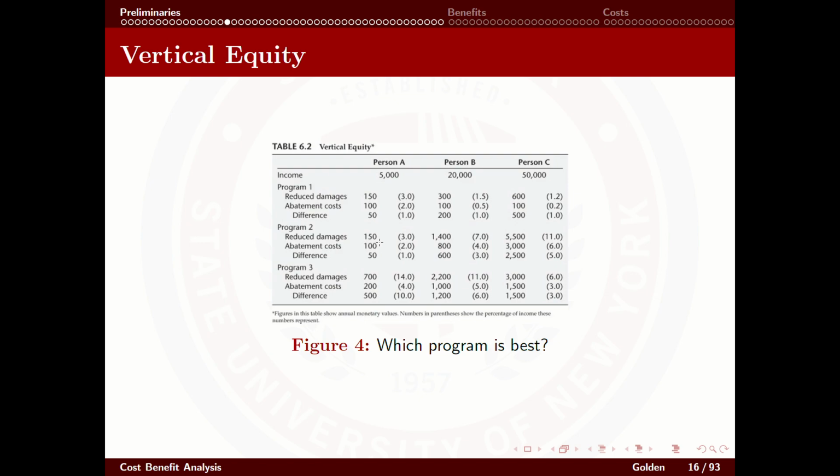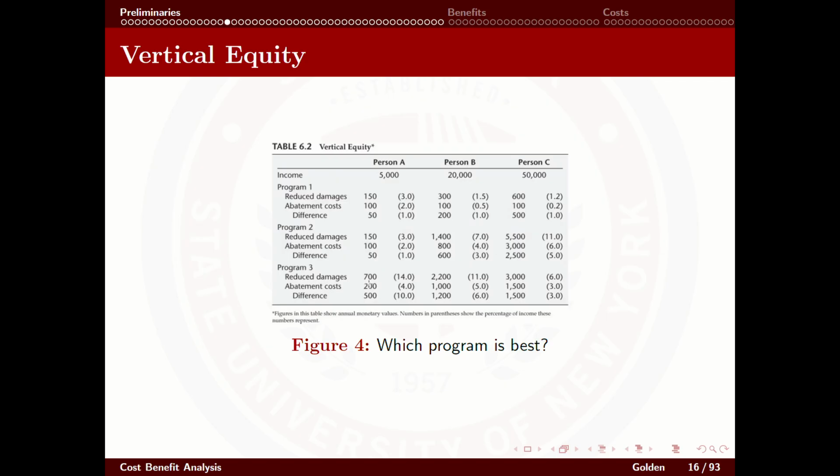Person A receives the same level of reduction in damages. Person B receives a larger reduction in damages. And then person C pays a much larger cost of abatement. Person B pays a larger cost of abatement, and person A remains the same in terms of cost of abatement.